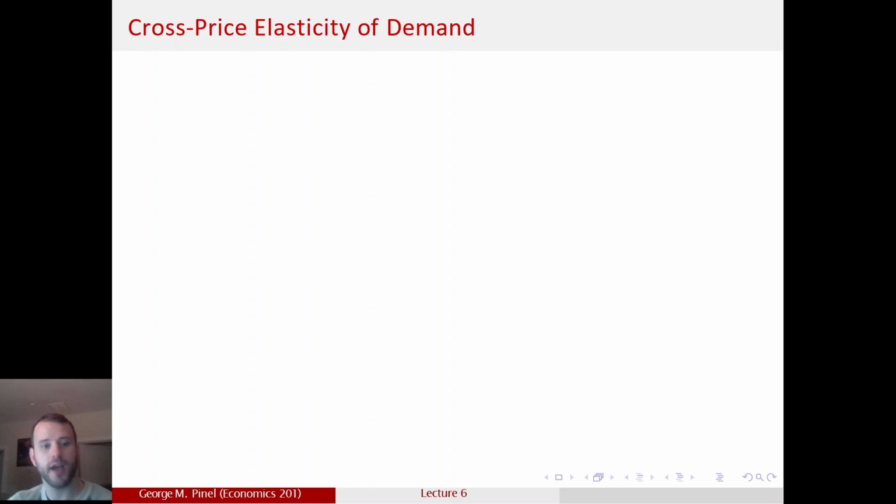So if the price of peanut butter increased, and you're looking at jelly, what's the quantity demanded change for jelly? Does it decrease or does it increase? Cross-price elasticity of demand is how the price change of one good affects the quantity demanded of another good.